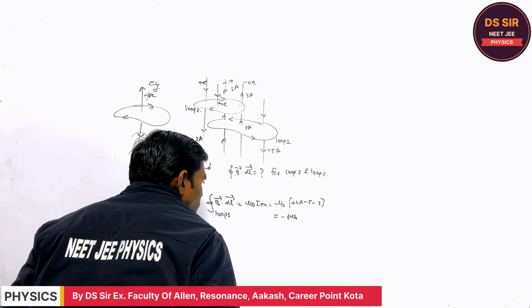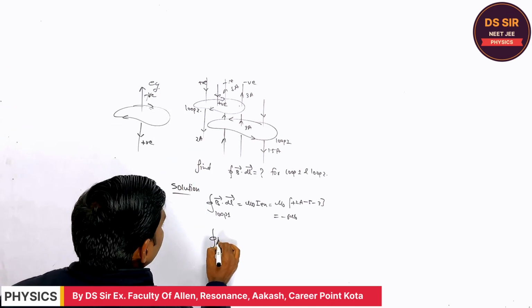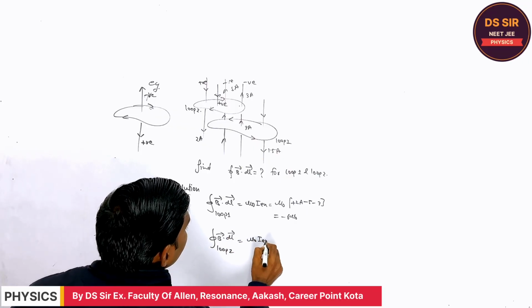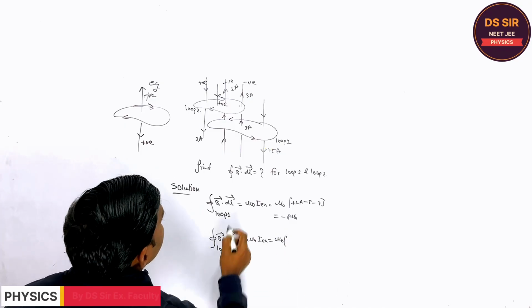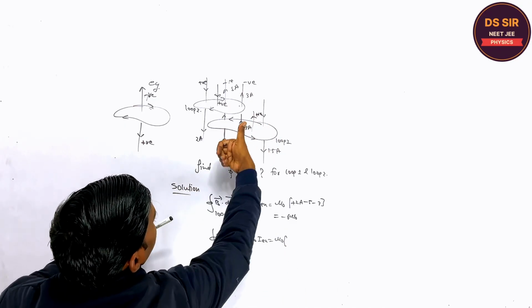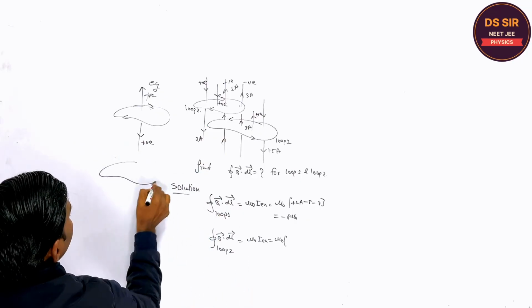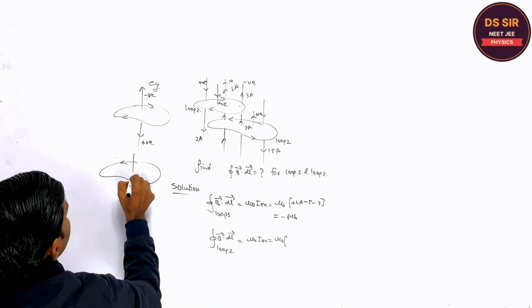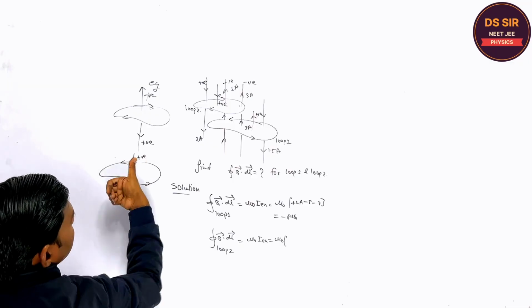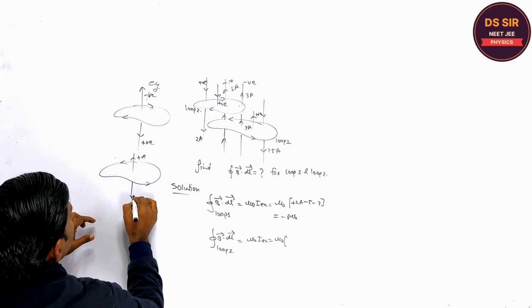And what about loop 2? B dot dl for loop 2 is mu naught times I enclosed. This is the positive orientation. I think you understand. This is positive, and therefore this is negative.